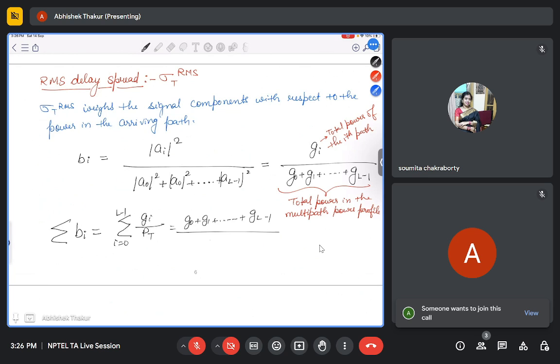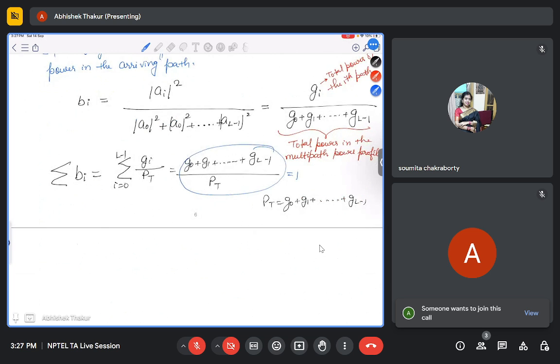And PT is basically G naught plus G1 plus G of L minus 1, so this term will be equal to 1. So summation of Bi will be equal to 1. So B naught plus B1 plus B2 up to B of L minus 1 is equal to 1.